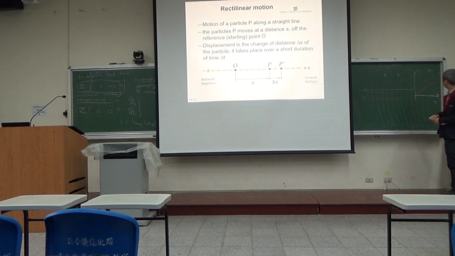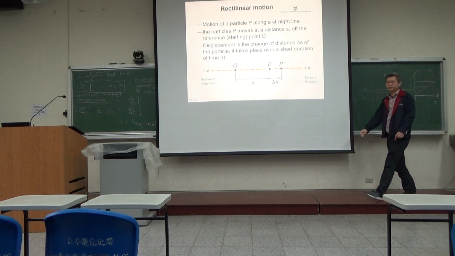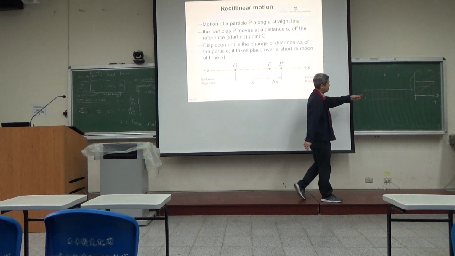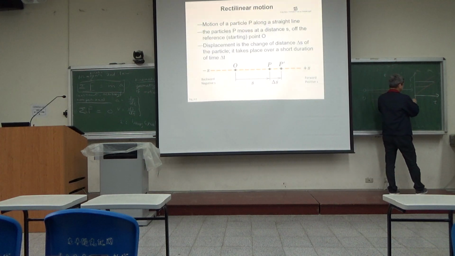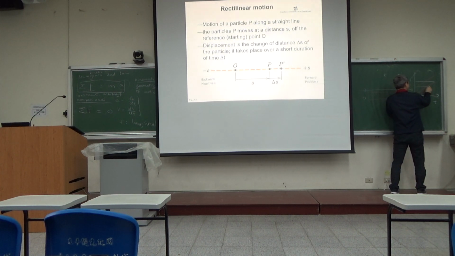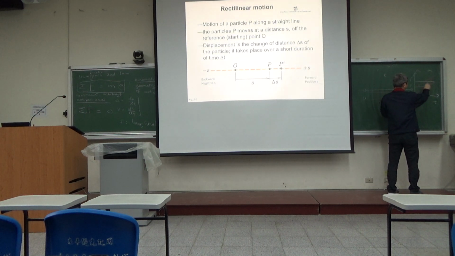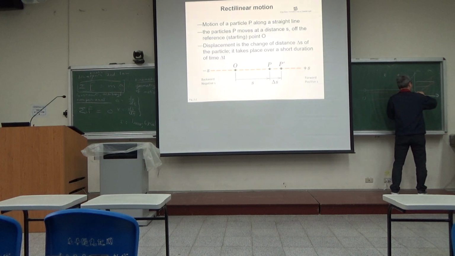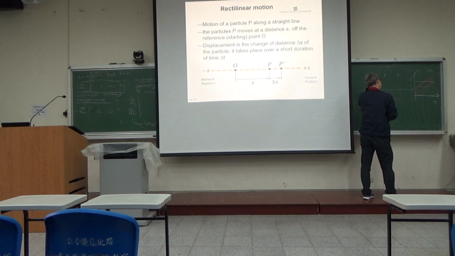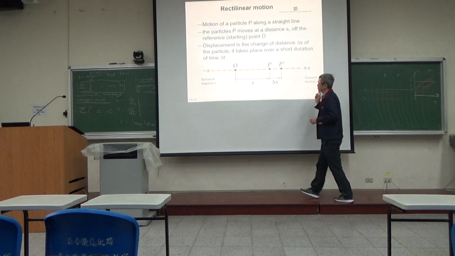This is your O point, this is your P point, and this is your P prime point. But this path is not a straight line. The position change is not in a straight line. You could start low and then go high, or start high and go low, depending on how you do it. We're going to see it later.